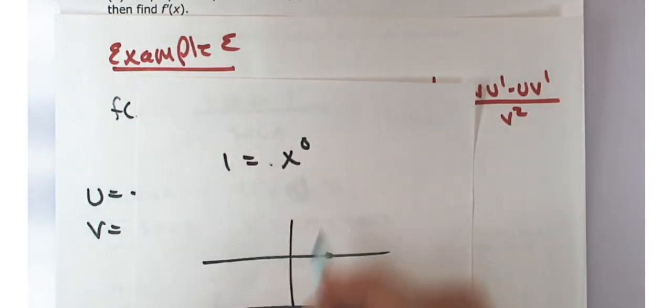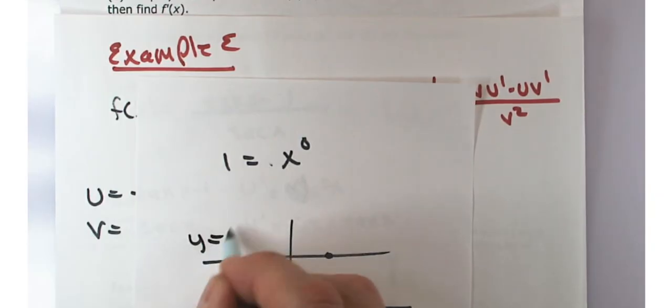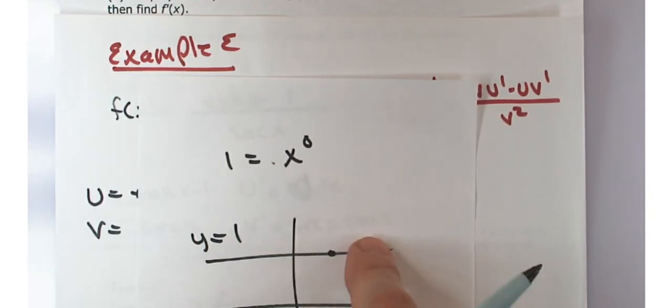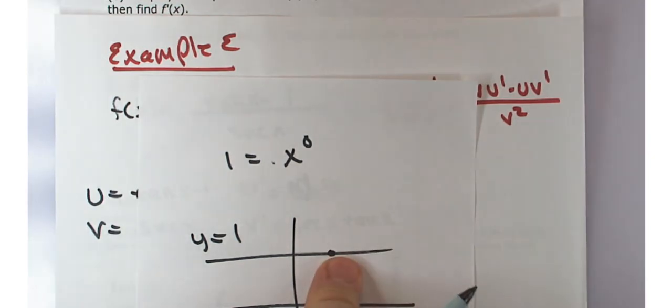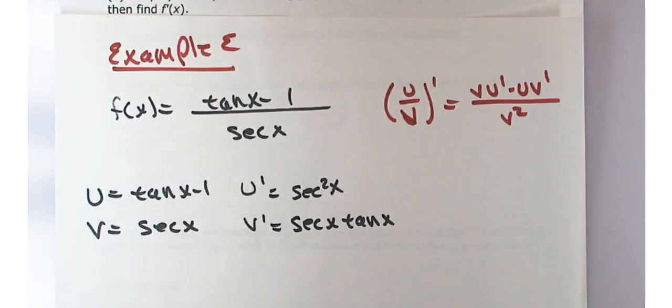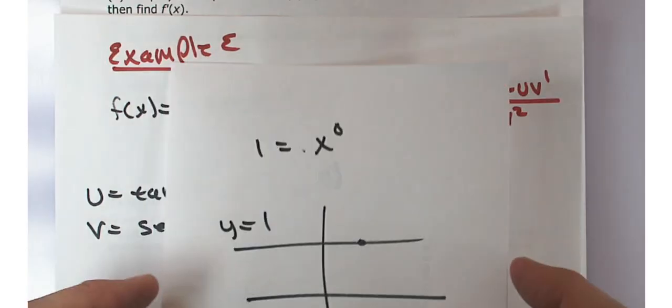Now, the graph of y equals 1 really isn't changing, right? So the derivative of something that's not changing is going to be 0 because it represents that there's no change. All right. Appreciate that.